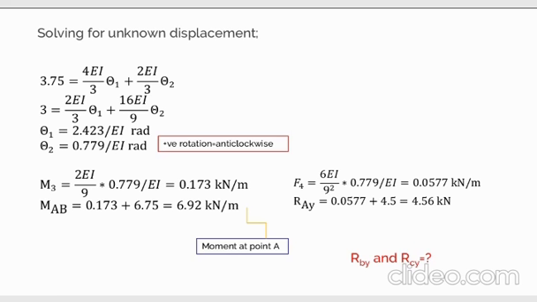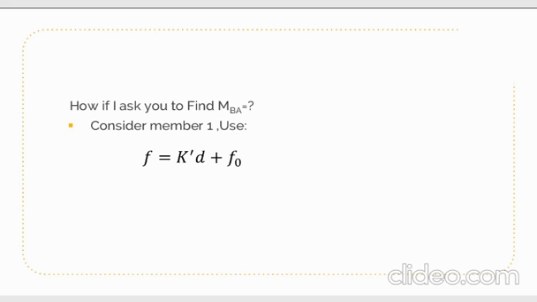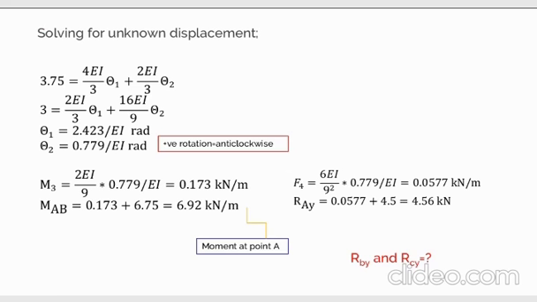Then after that, find the reactions, or internal forces. How can we find the internal forces? It's easy, just take the values from the matrix. Let me show you the easy way.